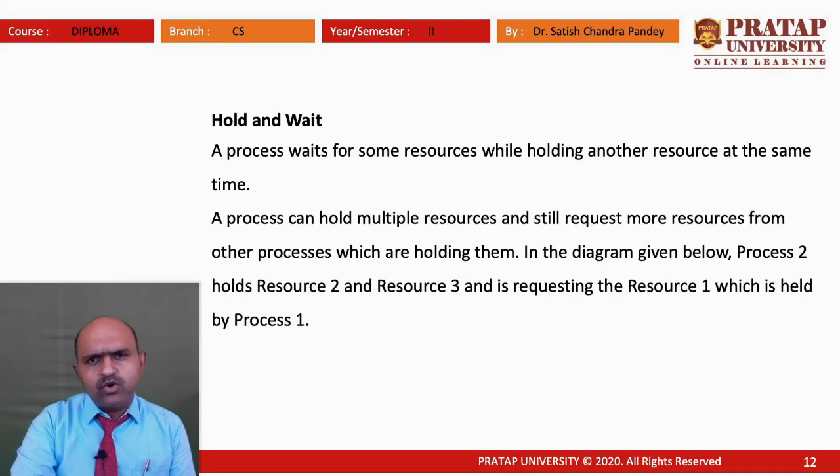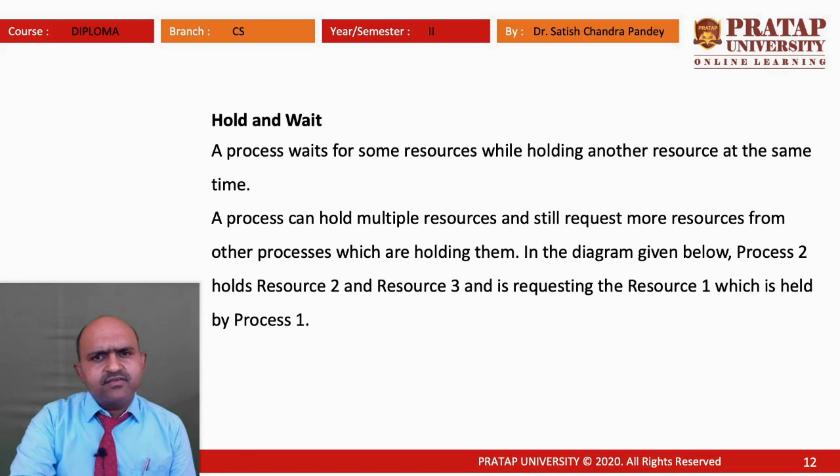Next is hold and wait. A process waits for some resources while holding another resource at the same time. A process can hold multiple resources and still request more resources from other processes which are holding them.